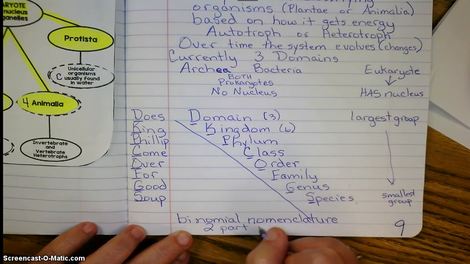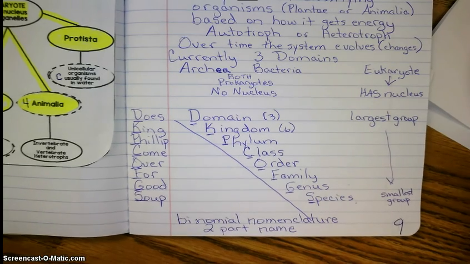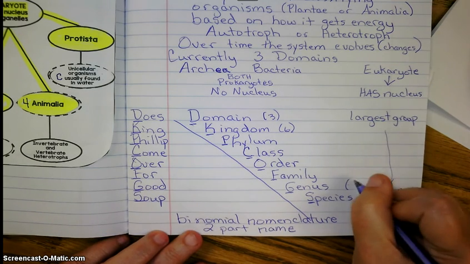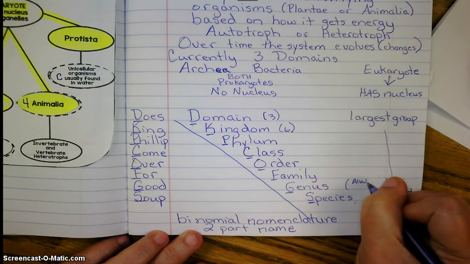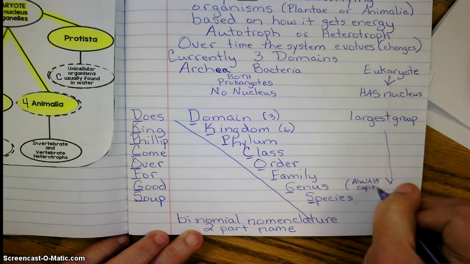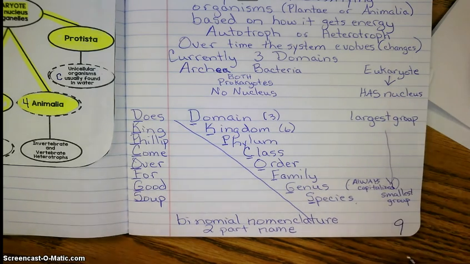Two-part name. Every organism has a genus and a species, or a two-part name, that is called its scientific name. And the genus is always capitalized when we write it, and the species is never capitalized, and it's usually in italics.